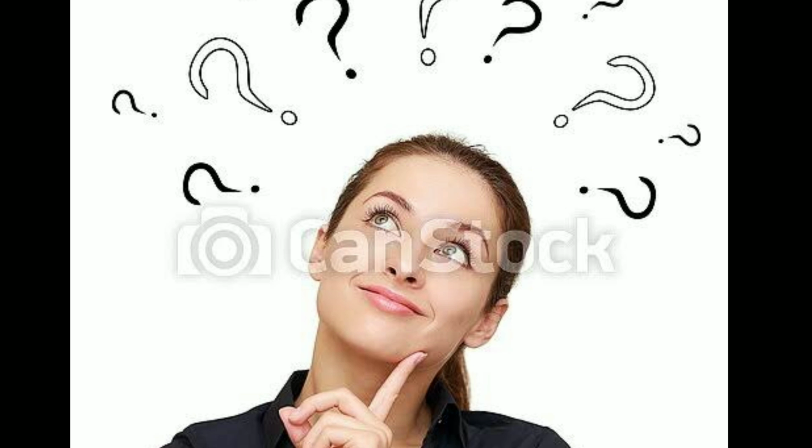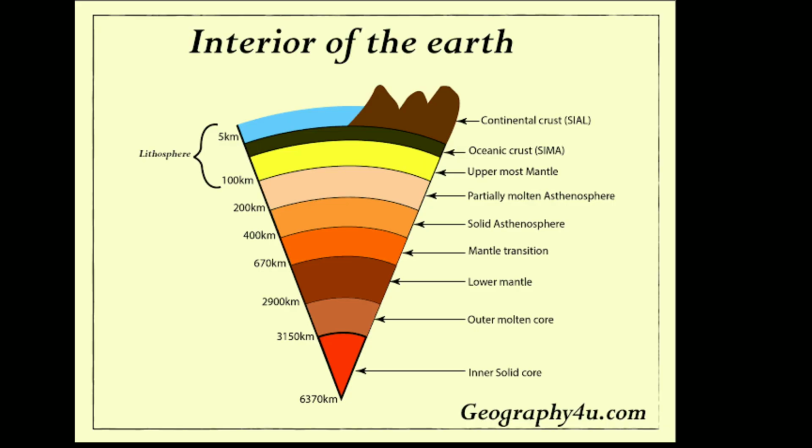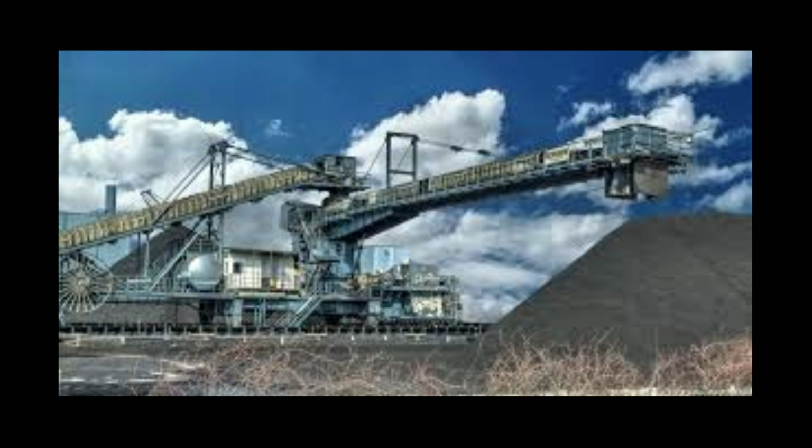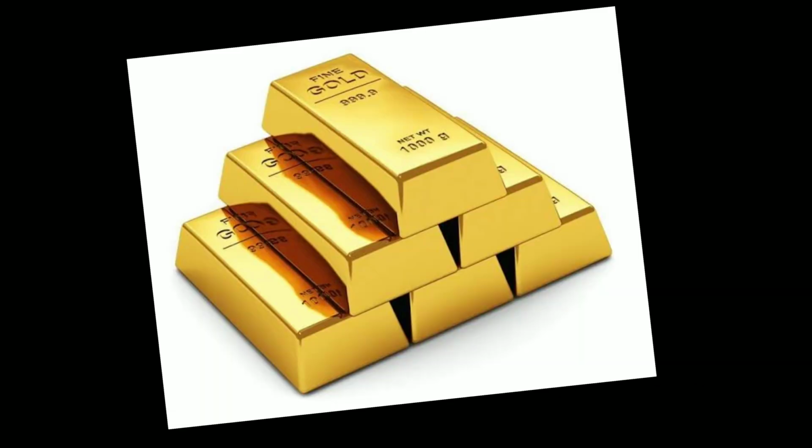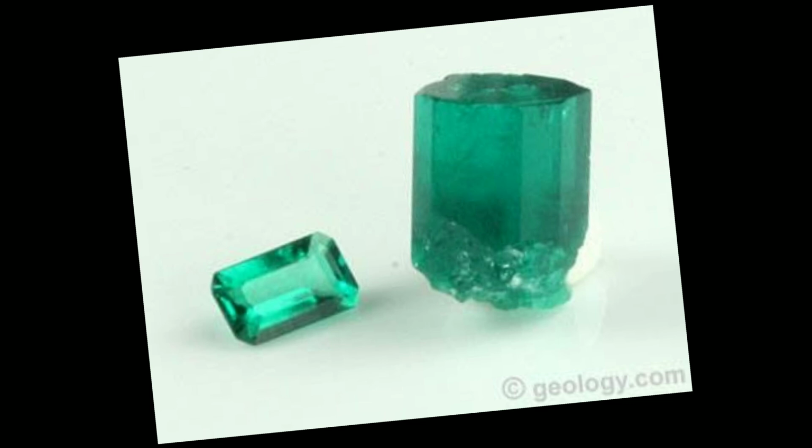Beyond this depth, it is very difficult to find out the clear picture. There are many things inside the earth. Many components are there. Resources are there. Petroleum, gold, emerald, all these things are there inside the earth.